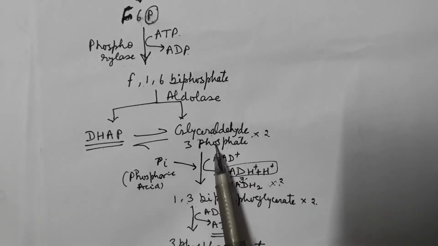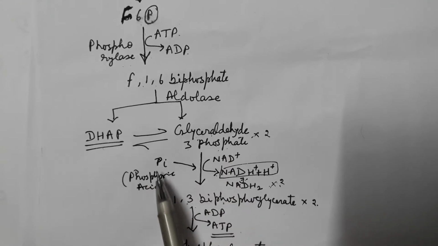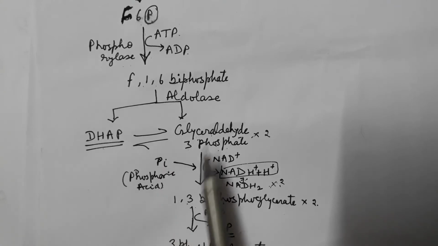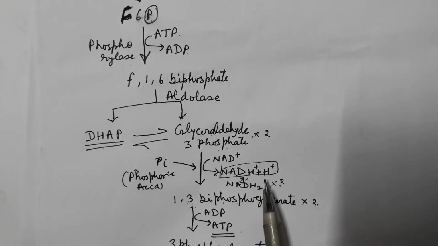Glyceraldehyde 3-phosphate gains one phosphate group and is converted into 1,3-biphosphoglycerate. This phosphate is provided by inorganic phosphate, not from ATP. So inorganic phosphate gives its phosphate to glyceraldehyde 3-phosphate and it is converted into 1,3-biphosphoglycerate. 2 molecules of NADH2 are produced in this step.